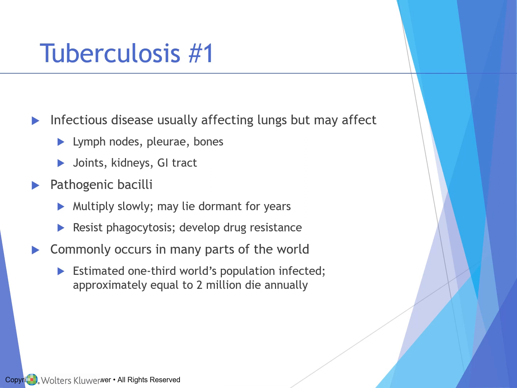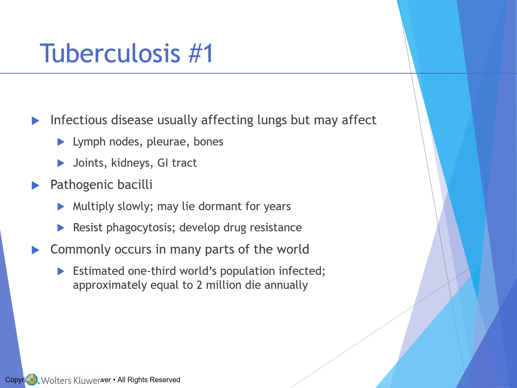So there are a few phases of tuberculosis infection, and we're going to talk about them right now. This infection commonly occurs in many parts of the world, and it affects about 1/3 of the world's population.